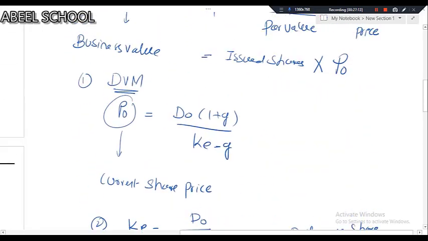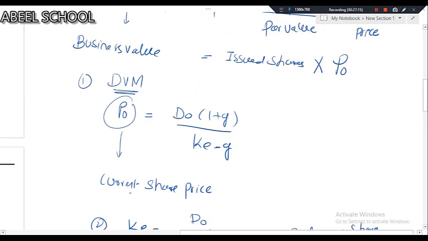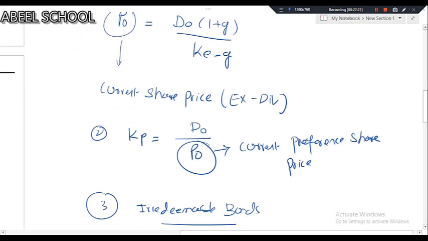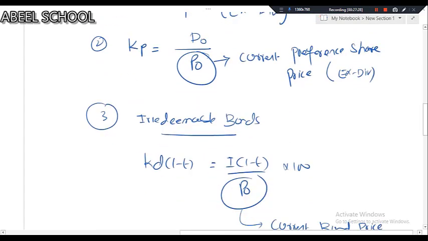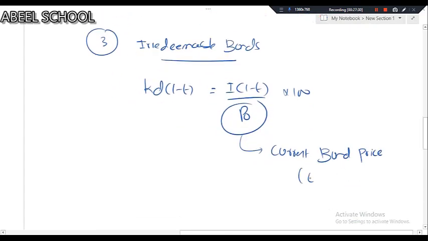So look at this. Current share price, definitely ex-div, excluding dividend. Current preference share price, again ex-div. P naught current bond price, ex-interest.